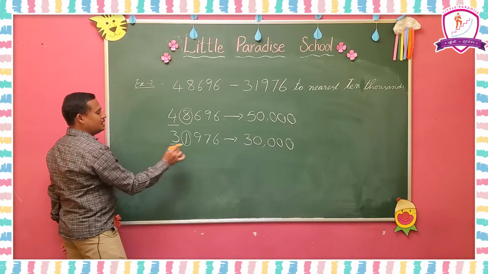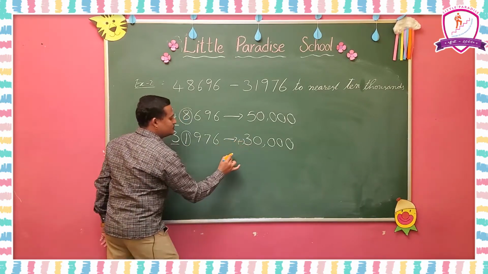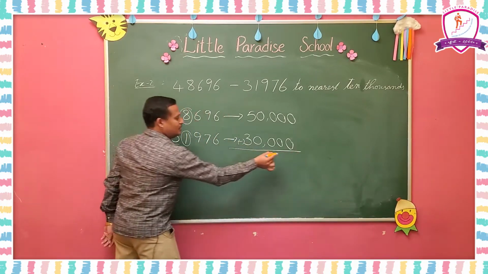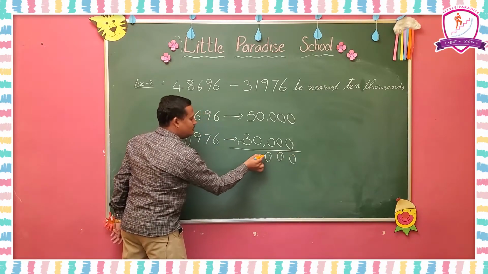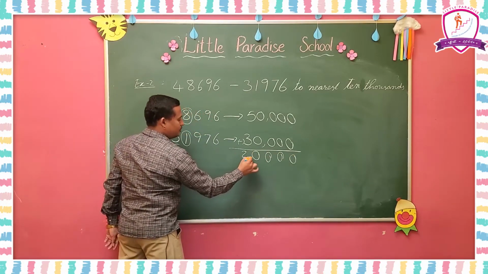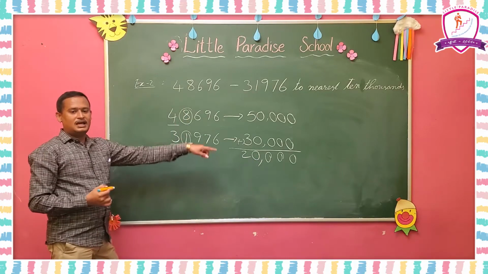We have to find the difference of these two estimated values. Here 0, 0, 0, 0 and it will become 2. So 20,000 will be the answer.